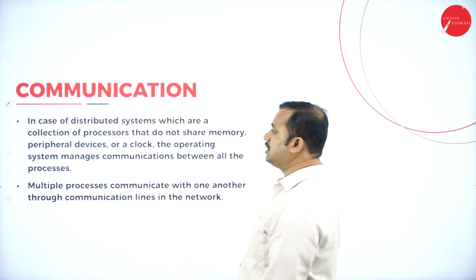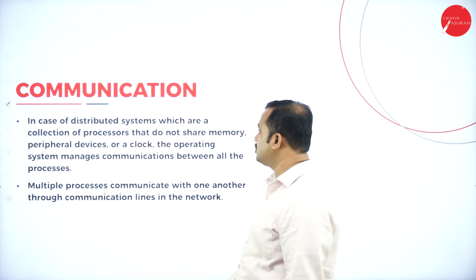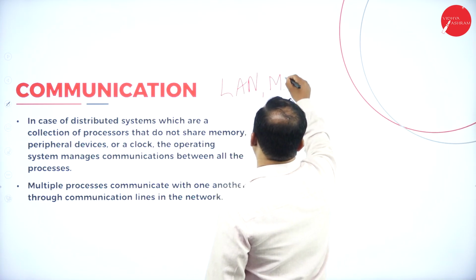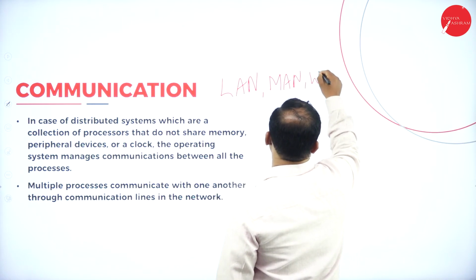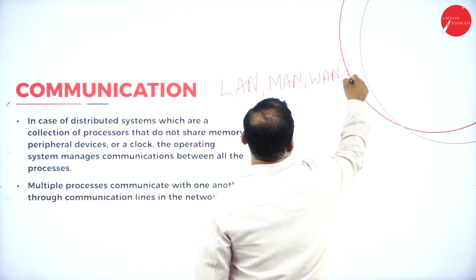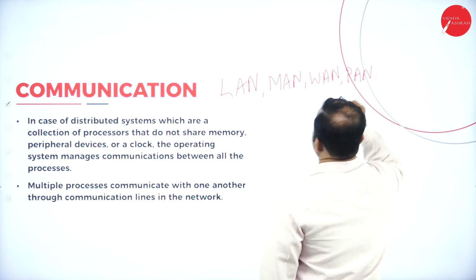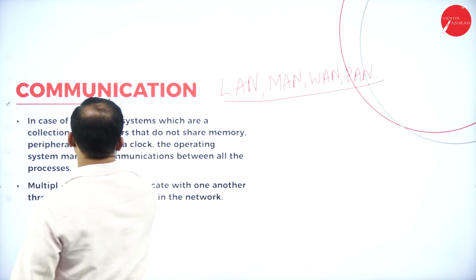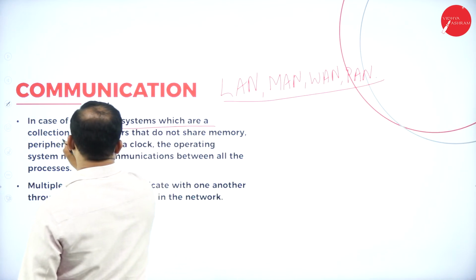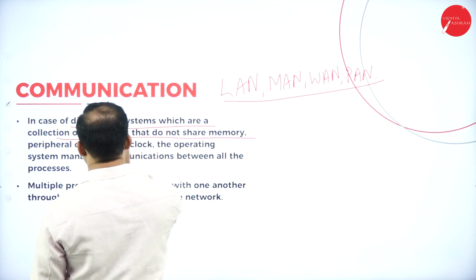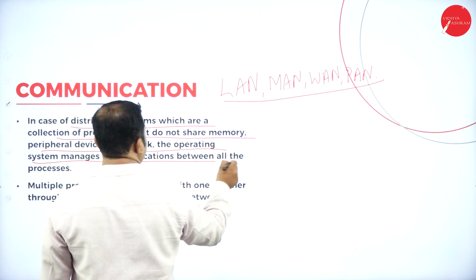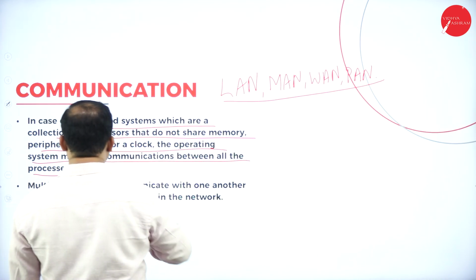Moving on to communication. Communication includes the LAN, WAN, MAN, PAN. All these are called communication channels. In case of distributed systems, which are a collection of processors that do not share memory, peripheral devices, or a clock, the operating system manages the communications between all the processors.